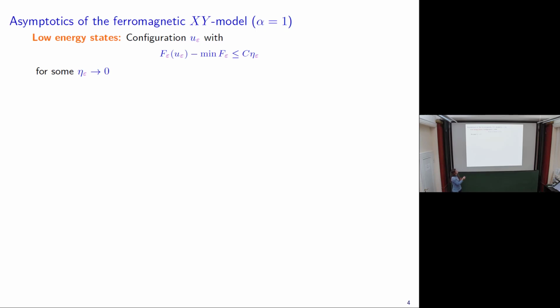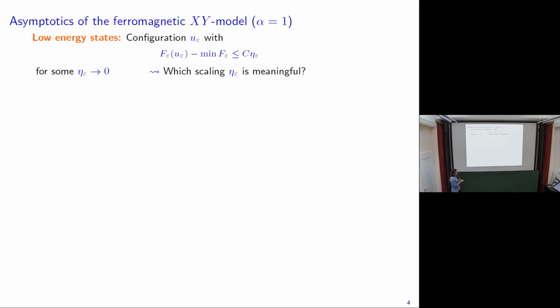But in general, you consider sequences of configurations whose energy can deviate from your minimum value by a certain amount, let's say eta epsilon. And this eta epsilon will go to 0 with epsilon. So of course you might ask which scaling eta epsilon is meaningful, and this is already part of the problem.